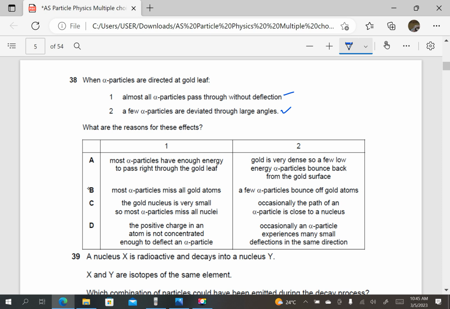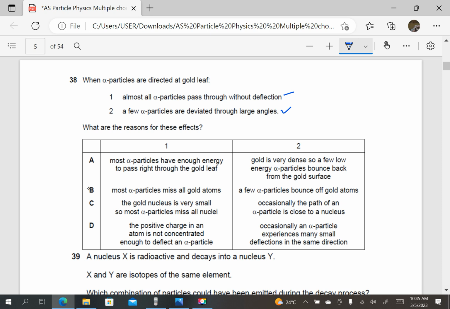Option B: most alpha particles miss all gold atoms, a few alpha particles bounce off gold atoms. C: the gold nucleus is very small, so most alpha particles miss all nuclei. Occasionally, the path of an alpha particle is close to a nucleus. D: the positive charge in an atom is not concentrated enough to deflect the alpha particle.